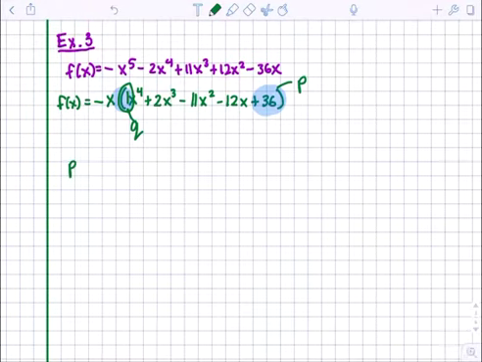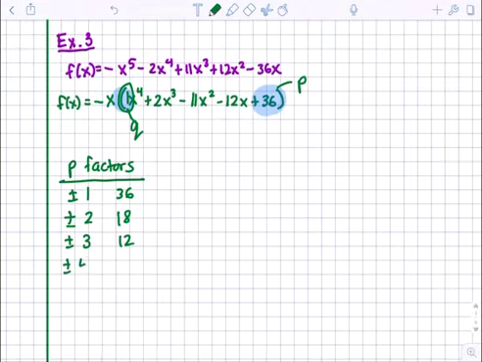Alright, so p factors are plus or minus 1 and 36, plus or minus 2 and 18, plus or minus 3 and 12, plus or minus 4 and 9, and plus or minus 6. Those are all the factors of 36, and now we got q factors, which is plus or minus 1.